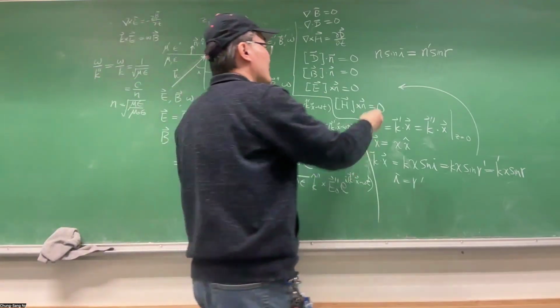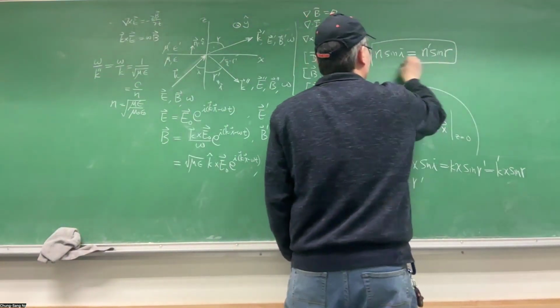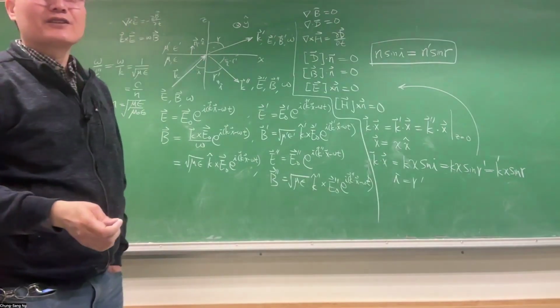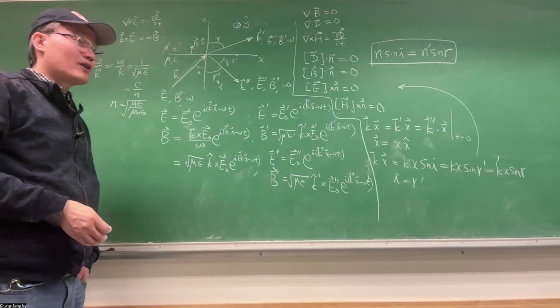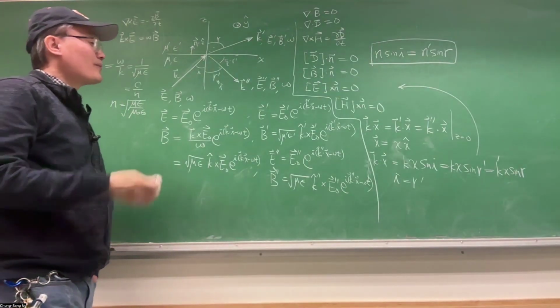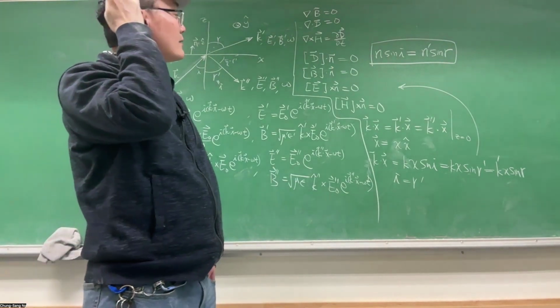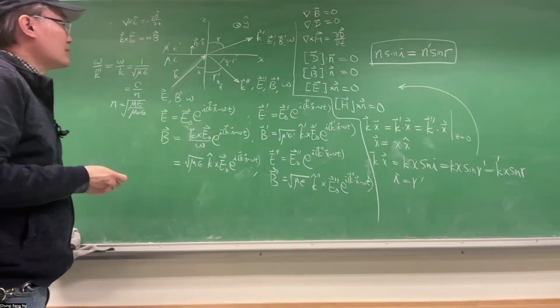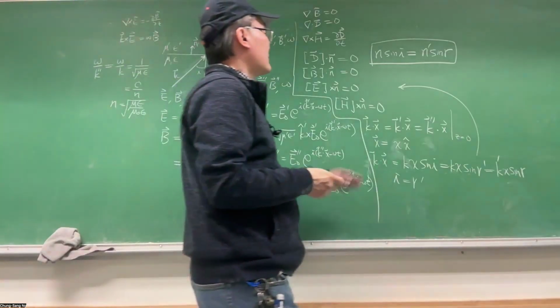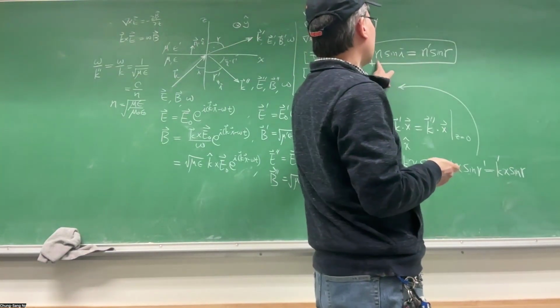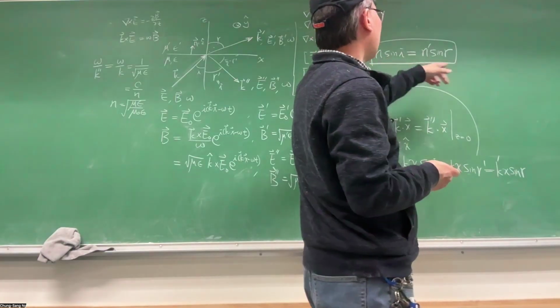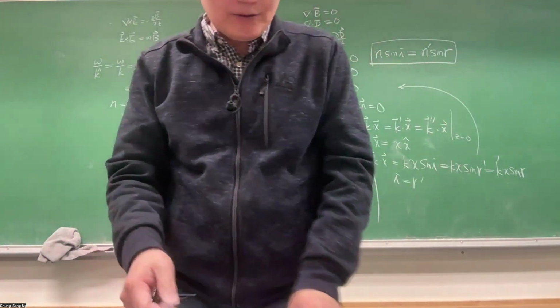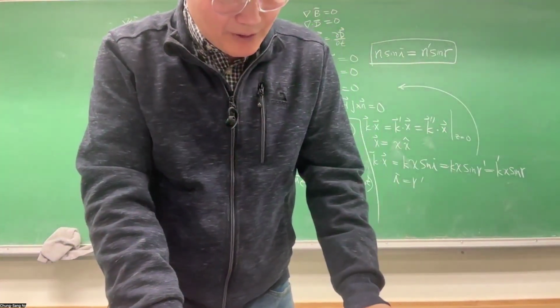You have learned that before in optics or general physics. General physics has a little bit of optics also. So this is how you determine the angle of refraction, and that is due to the difference in the index of refraction. Okay, so that is straightforward.